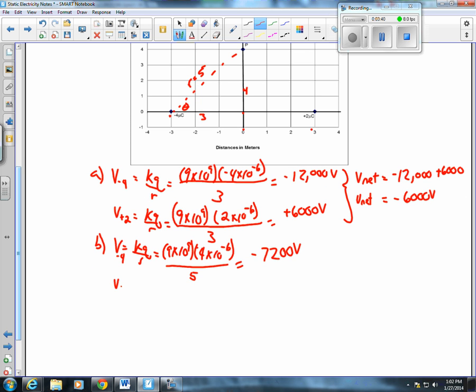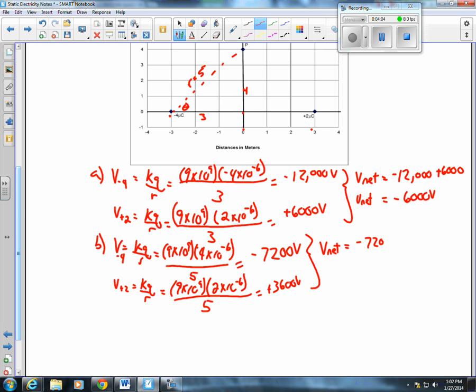Then for the +2, KQ over R again, 9 times 10 to the 9th, times 2 times 10 to the -6 over 5. That's going to give me plus 3,600 volts. So my net for those two, again, I just add them up. It's going to be negative 7,200 plus 3,600. So the net there is equal to negative 3,600 volts.